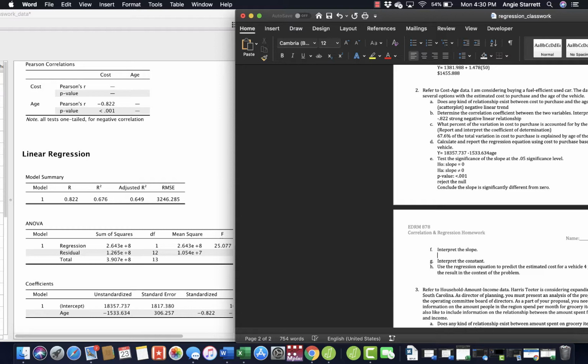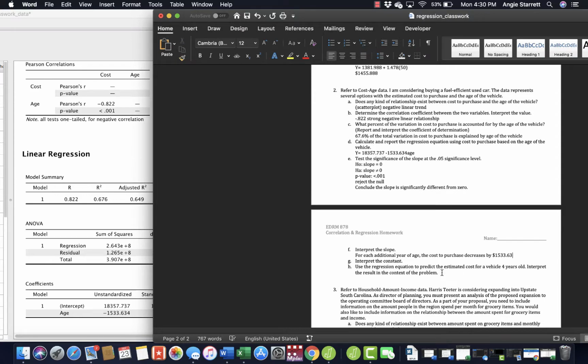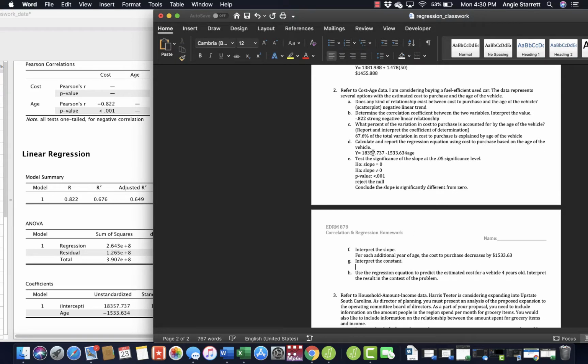All right, let's interpret the slope. For each additional x, y changes by the slope. So for each additional year of age, the cost to purchase decreases by $1,533.63. All right, interpret the constant.